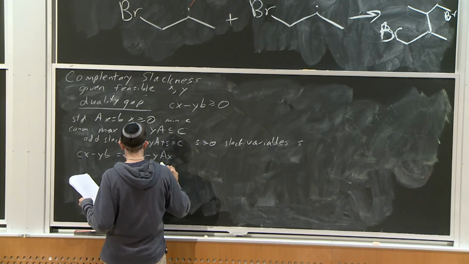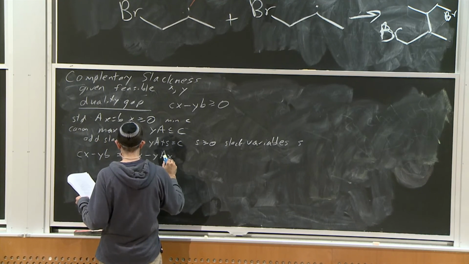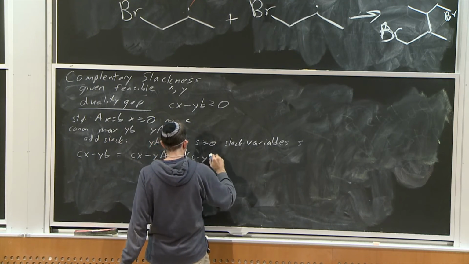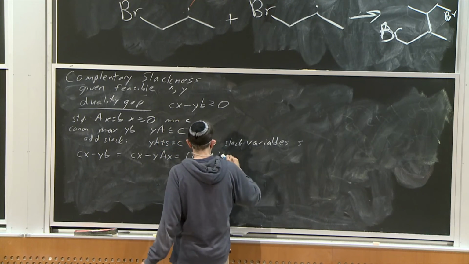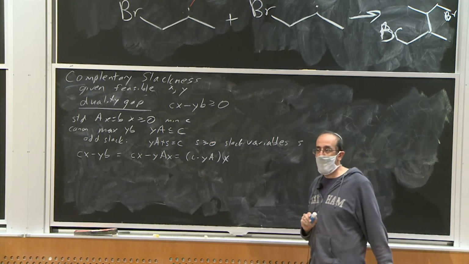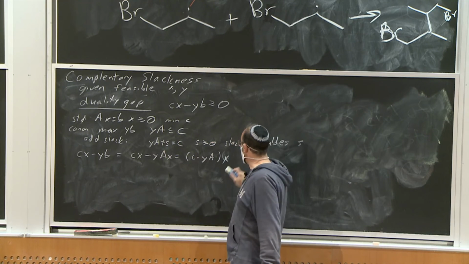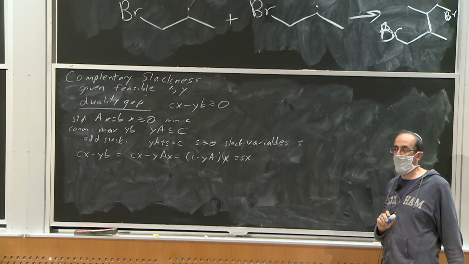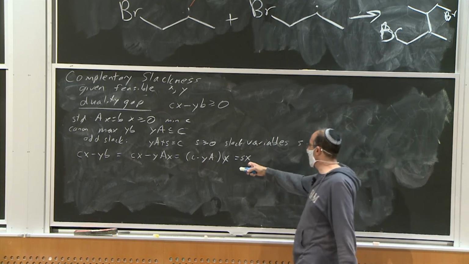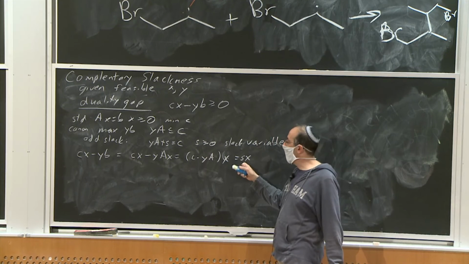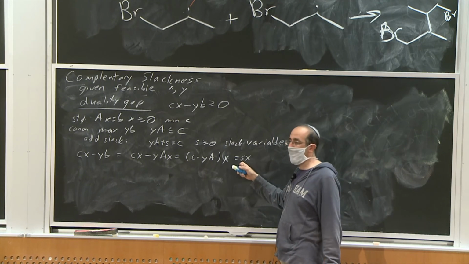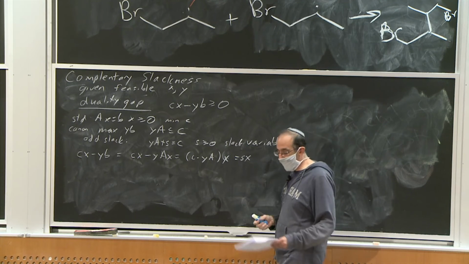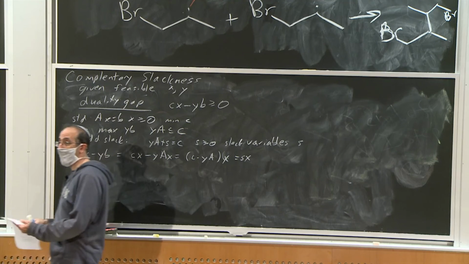So this is equal to (C minus YA) times x. But C minus YA is just S. So this is just S times x. So it's the product of each variable in the primal with the corresponding slack in the dual. Okay, so it's a very simple representation of the duality gap.